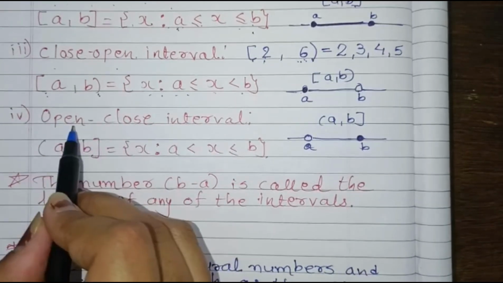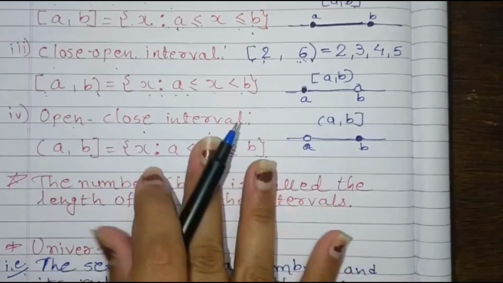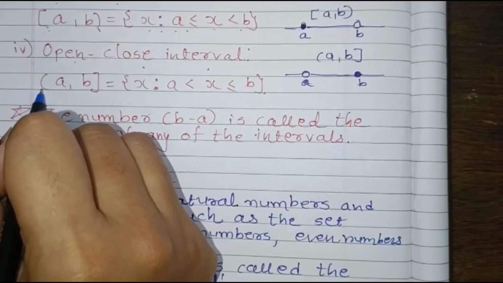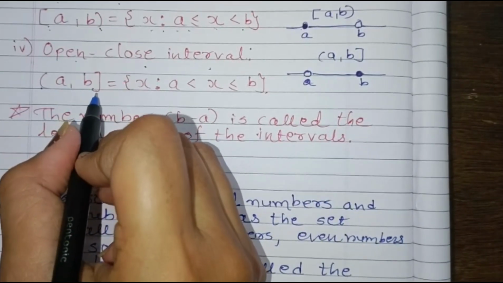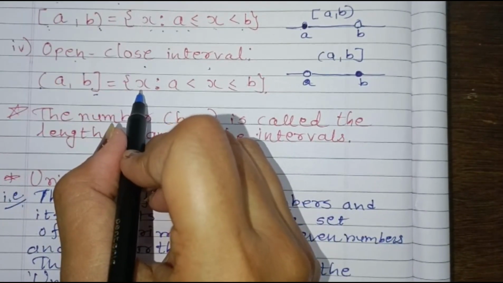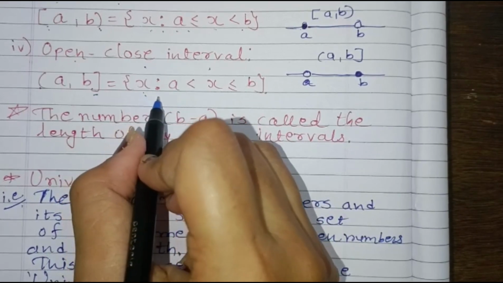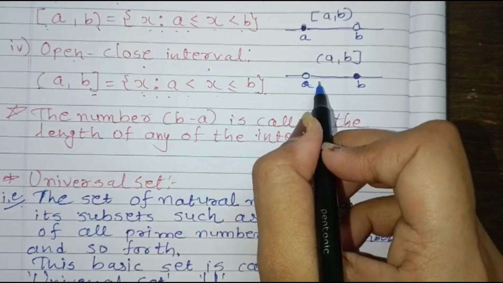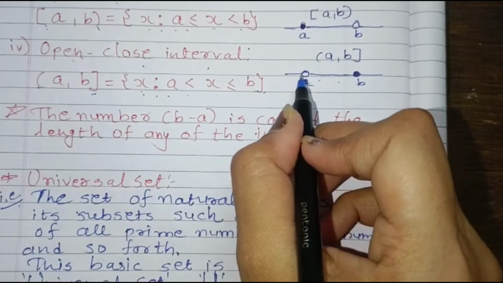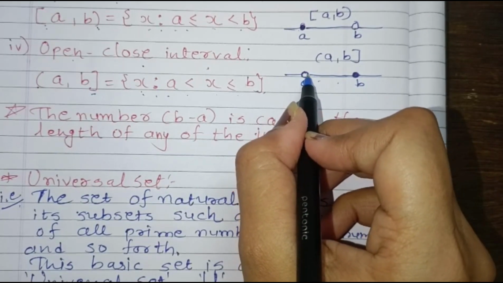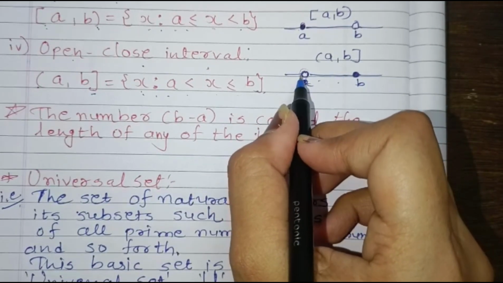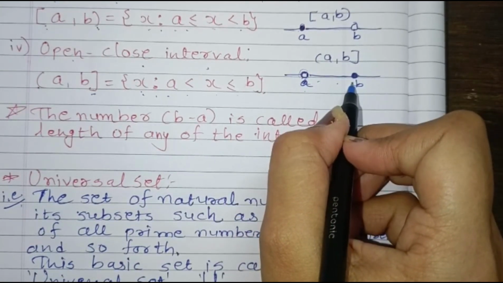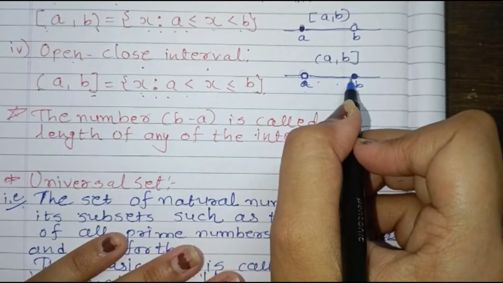Next is open-closed interval, which means the starting point is open and the ending point is closed, and you can write it like this: x : a < x ≤ b. On the number line, you can draw it like this: a with an empty circle at point a, and b with a dark point, b included.